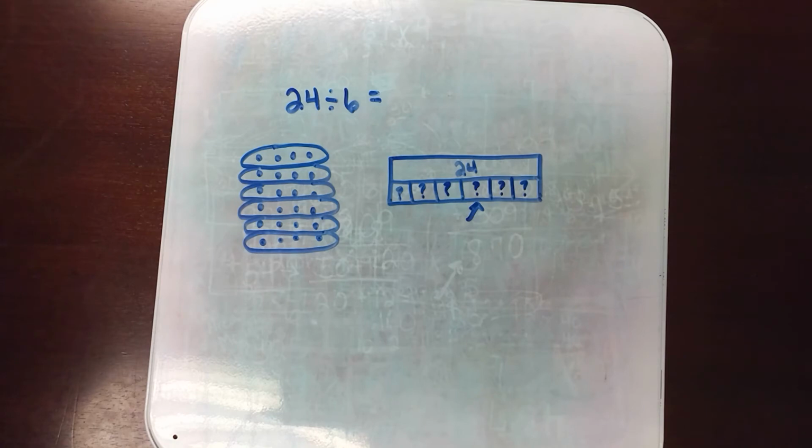So we want to make sure we're doing sorts where they may not actually solve the problem, but they are just sorting them by their operation. We can match problems to the representations, but we do want to include all the operations at this point now that we've taught all 4 operations this year.